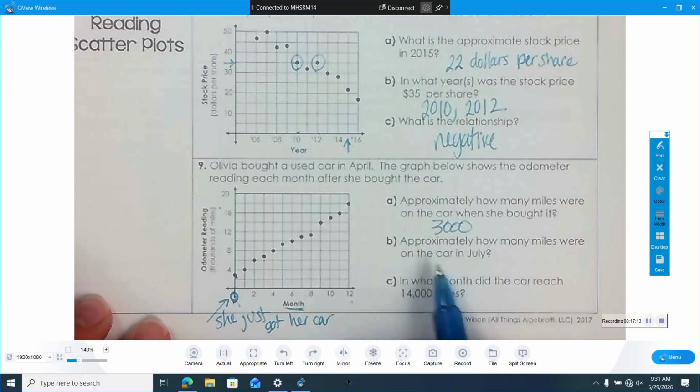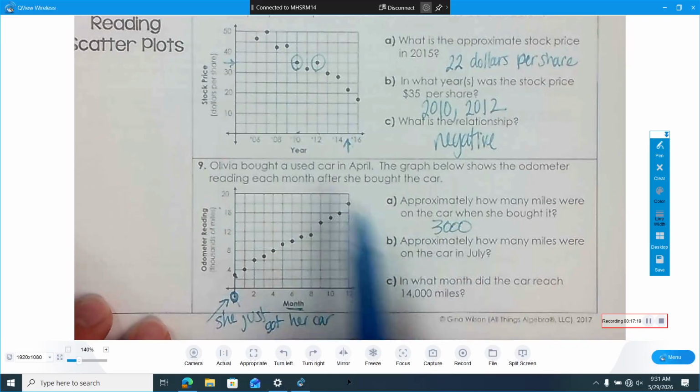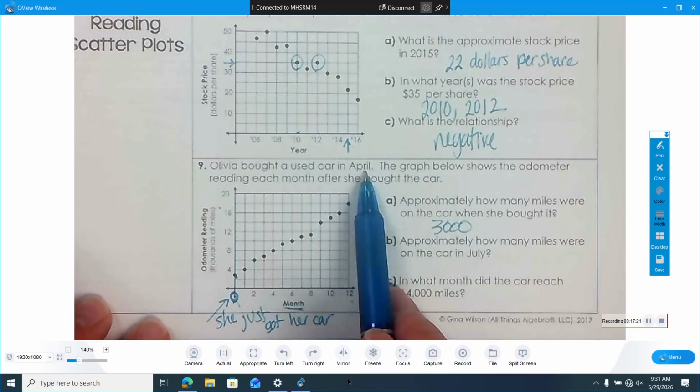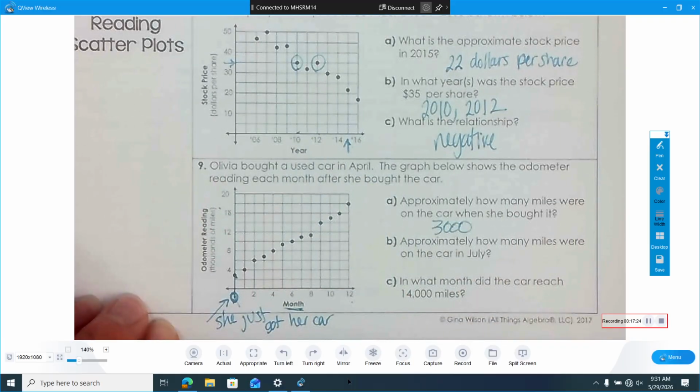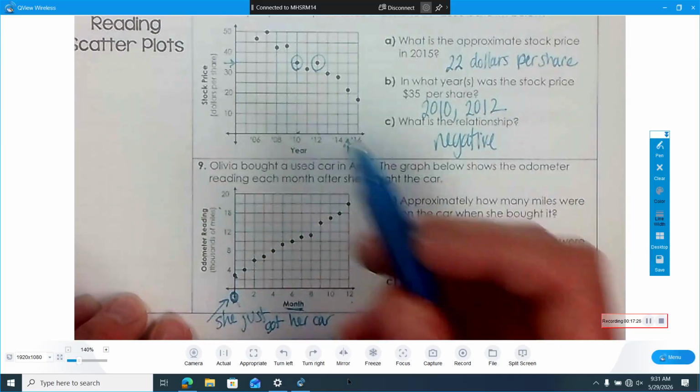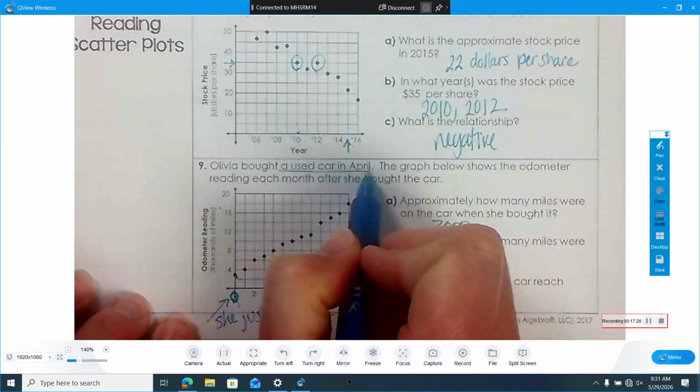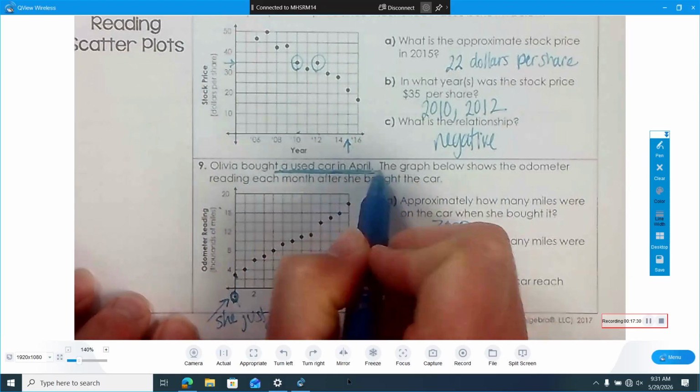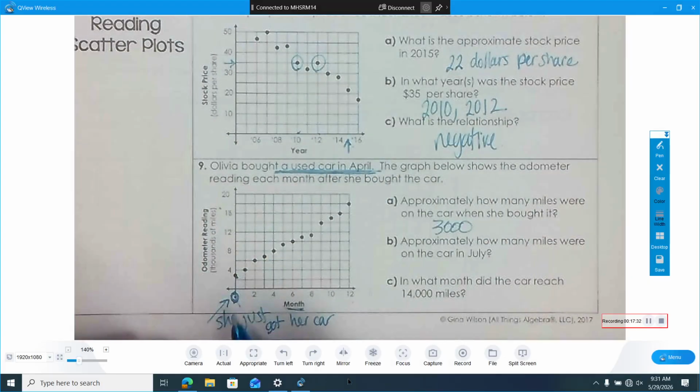Approximately how many miles were on the car in July? Olivia bought a used car in April. So this is really important. She bought the used car in April, so this is at 0. What month is it?